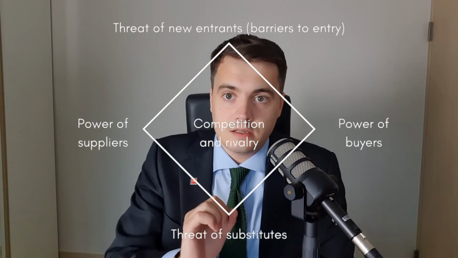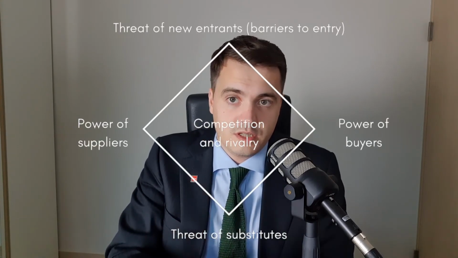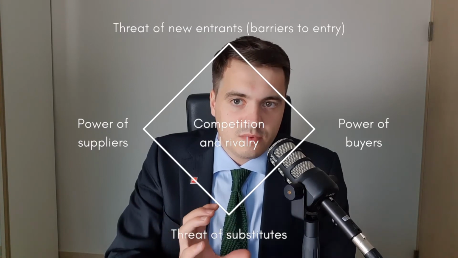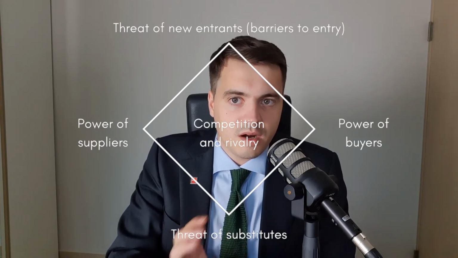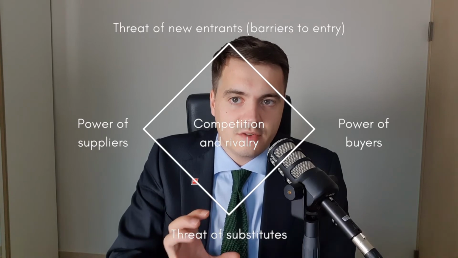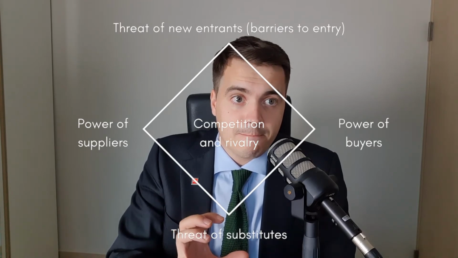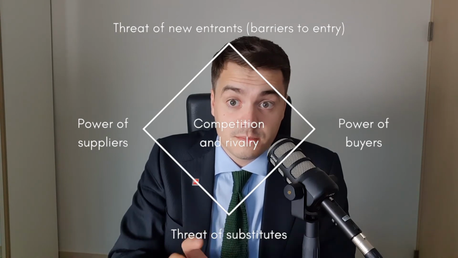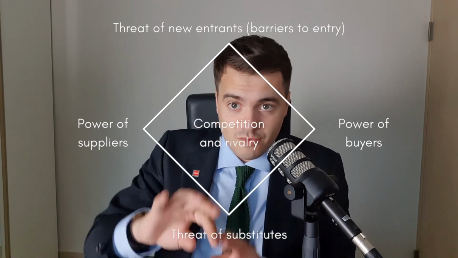And when you put all four together, you have in the middle the competition and rivalry. This is why I say there's only four, because in the middle, what Porter means by competition and rivalry is how intense the fight is, how big is the contest, how intense is the blood on the streets. And that wraps everything up.